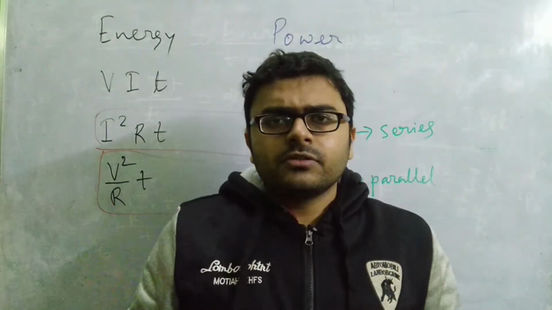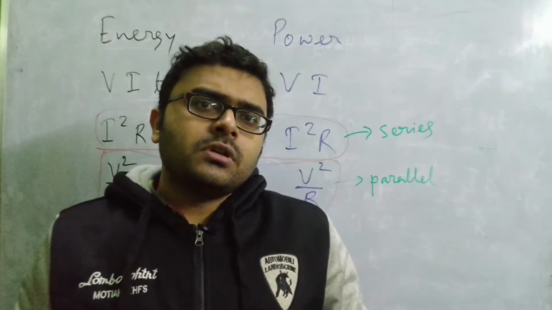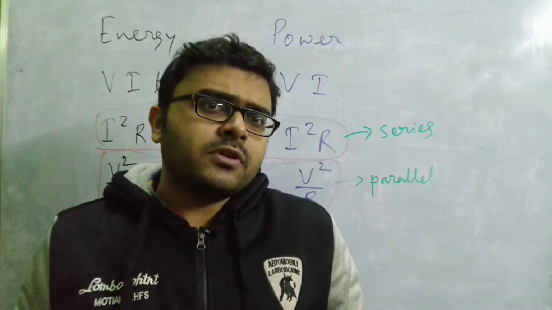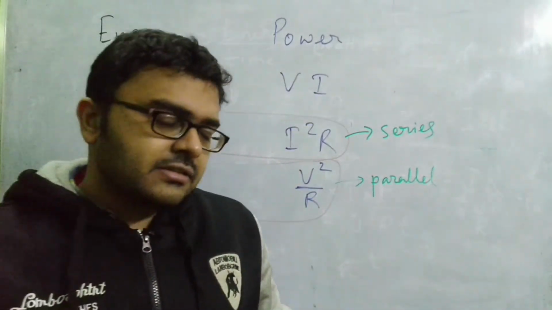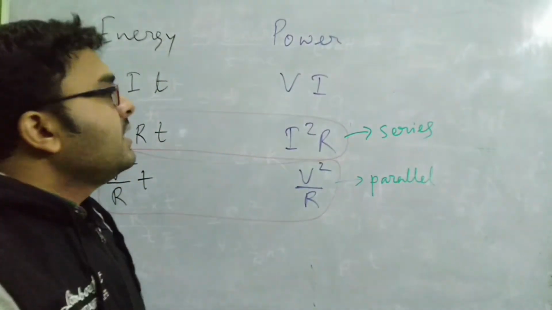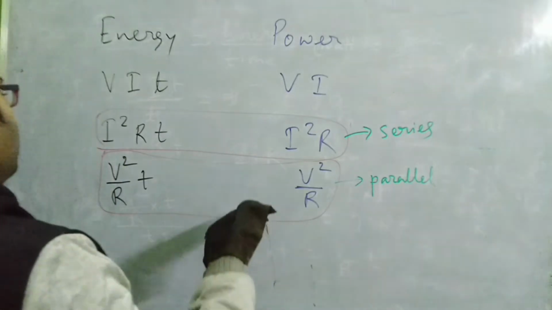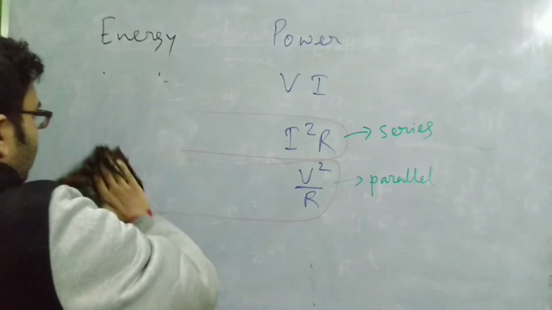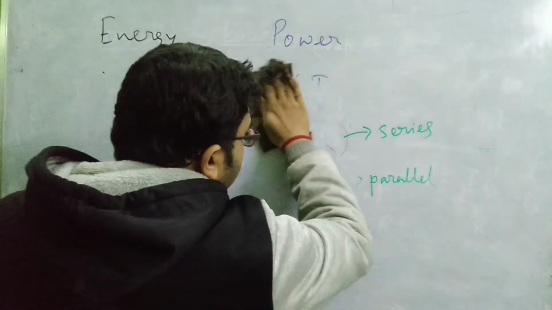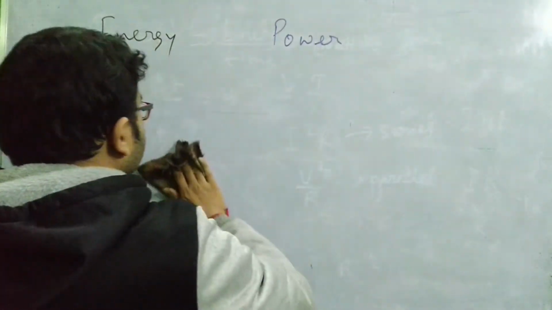But actually, we do not use Joule as the preferable unit for calculating electrical energy. So what else can be used for measuring electrical energy specifically? Now let us see. There is a special unit that we use for expressing electrical energy.